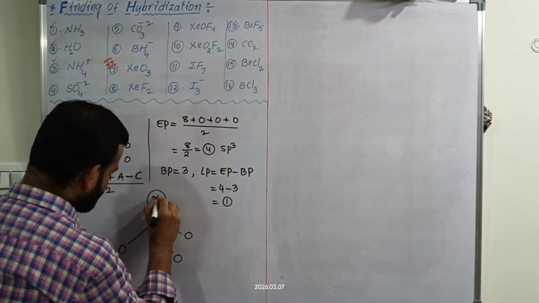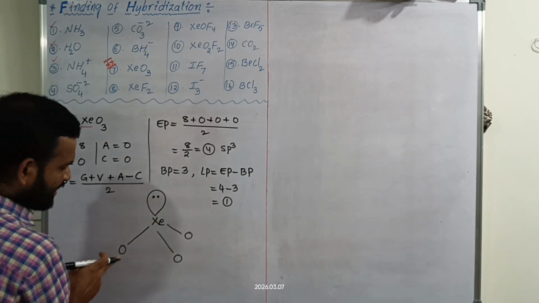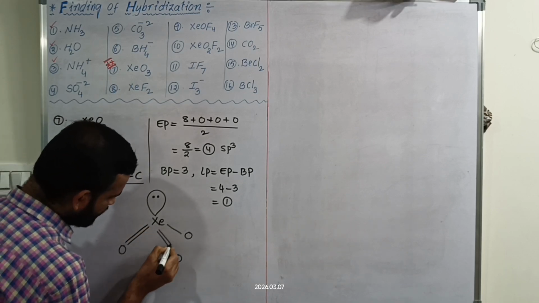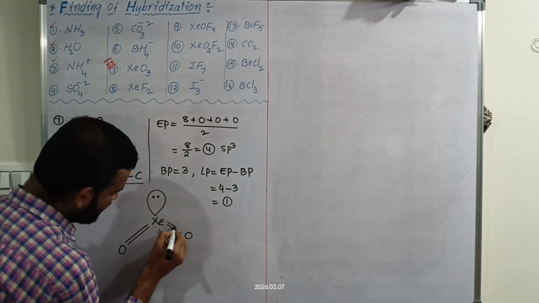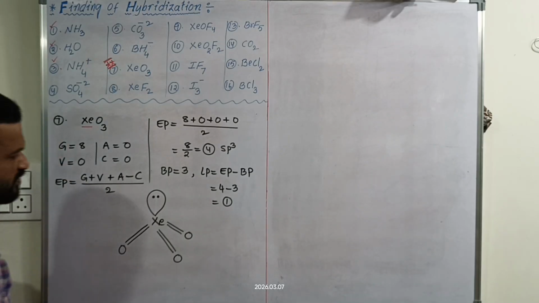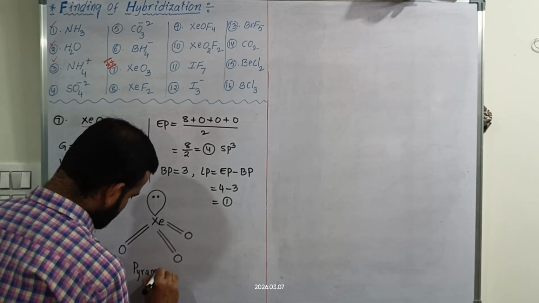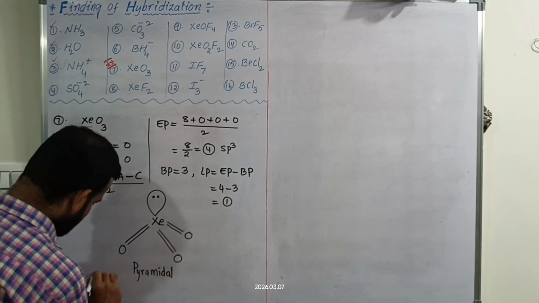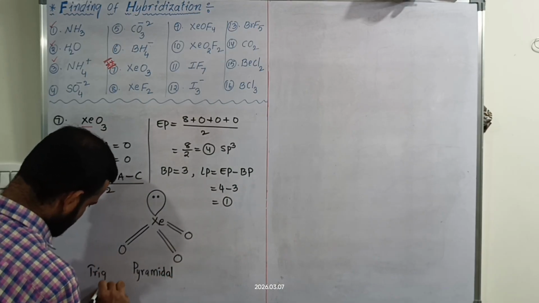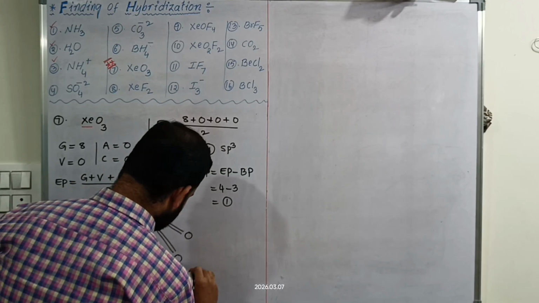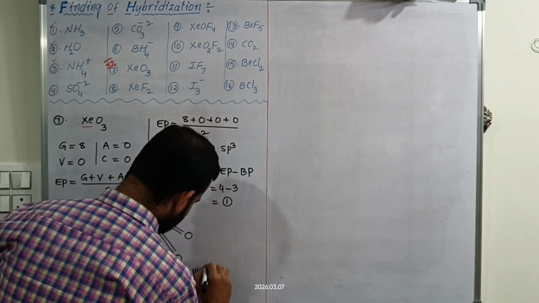So we know that the valency of oxygen is 2. So that's why here double bond will be formed between xenon and oxygen. So what is the shape of this one? This is a pyramidal shape or trigonal pyramidal. Its bond angle is approximately 107 degrees.